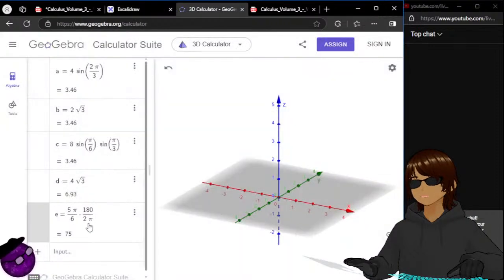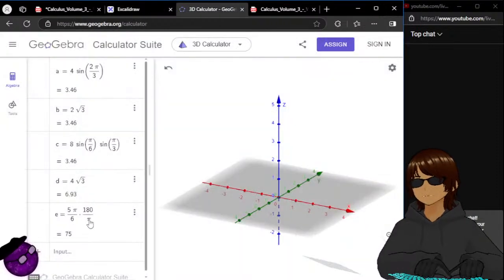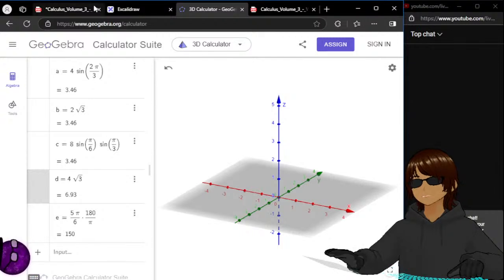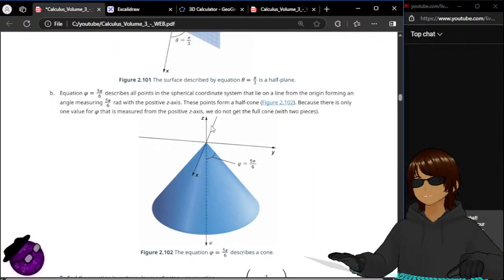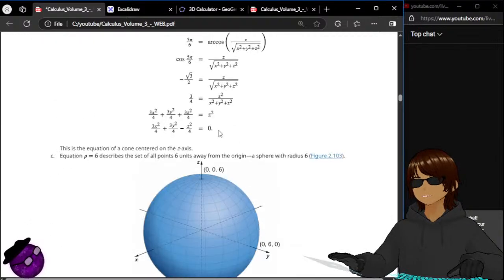Wait, I did 2 pi, it's only supposed to be pi. That's 150 degrees. From the positive z-axis, if we go 150 degrees, we get here. I think they marked the inside. They should have marked the outside.